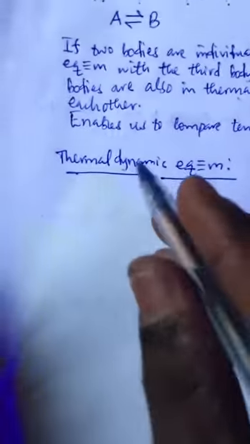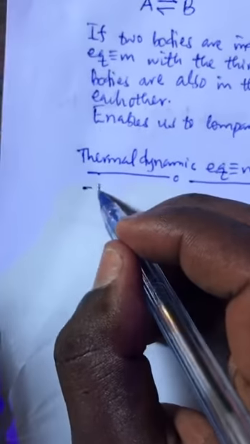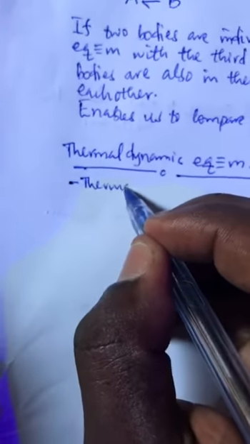Thermodynamic equilibrium is basically looking at the equilibrium of a system. A system is said to be in thermodynamic equilibrium if it is in thermal equilibrium.